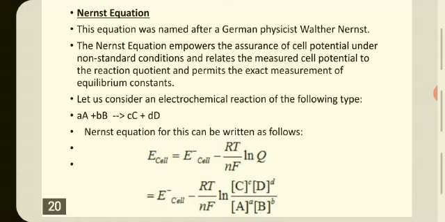Q is taken from the chemical equilibrium chapter. The concentration of the product C is written to the power of its number of moles, small c. So it is based on the law of mass action.